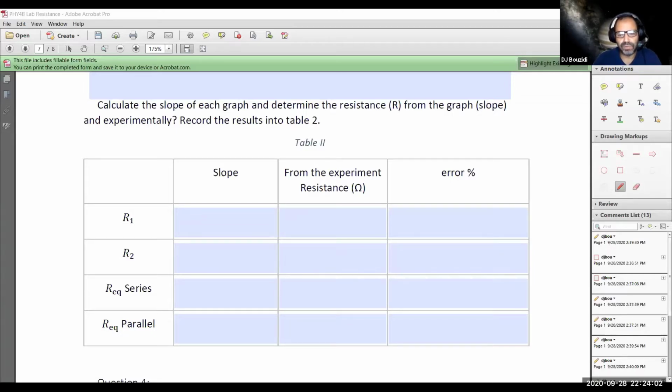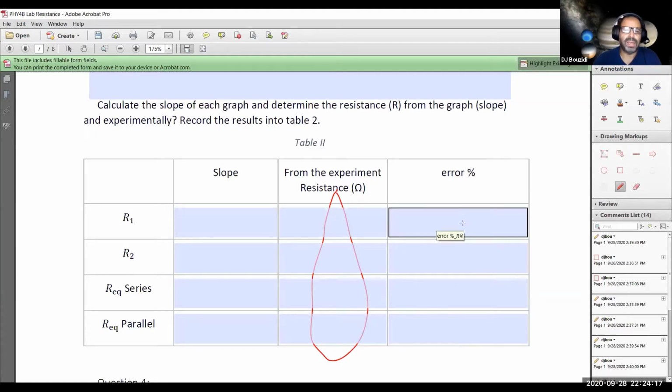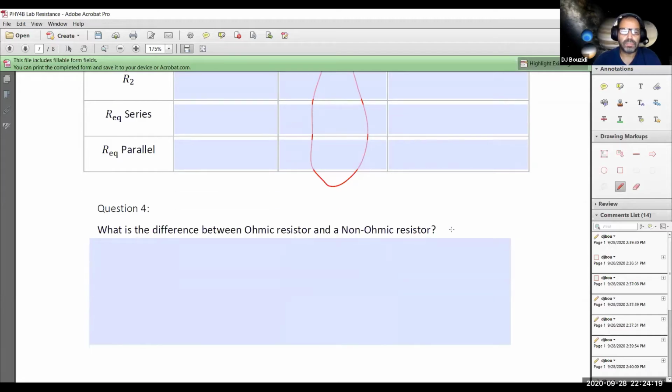Okay, 3 1/3 of an ohm, which is less than the smallest of the values. And then you can compute the difference between them, and you divide by this one. Okay, and you multiply by 100 to find the errors.